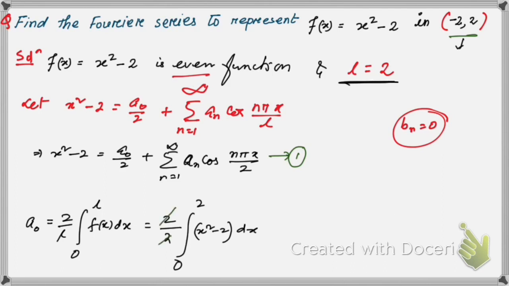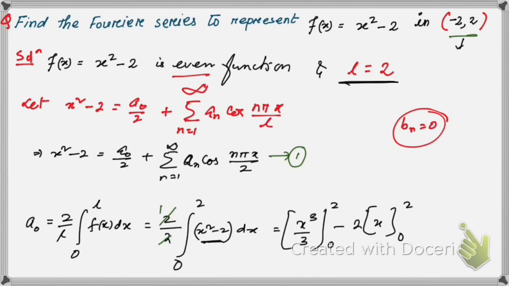So here 2 cancels, gives 1, and the integration of this will be, from 0 to 2, if you integrate x square you're going to have x cubed by 3, then minus 2 times the integration of dx, that's going to be x, again integrating from 0 to 2, right?